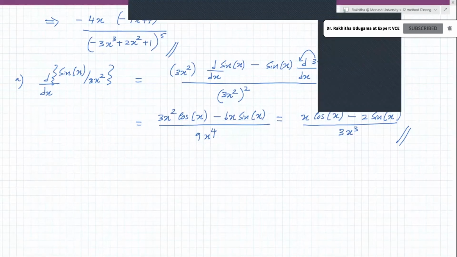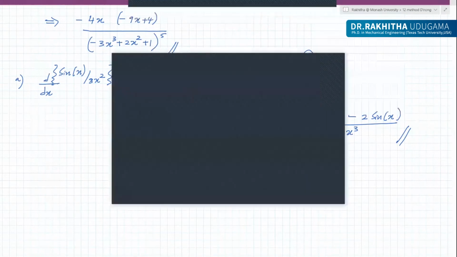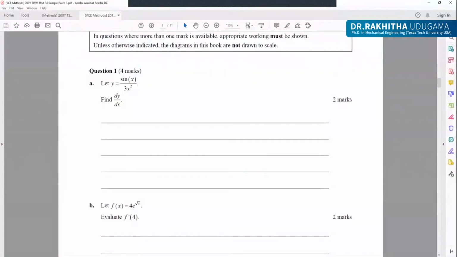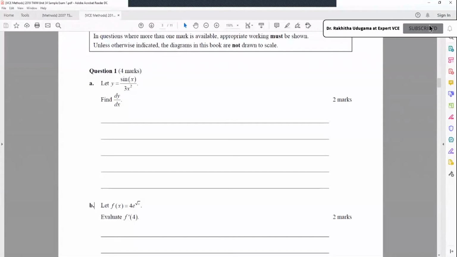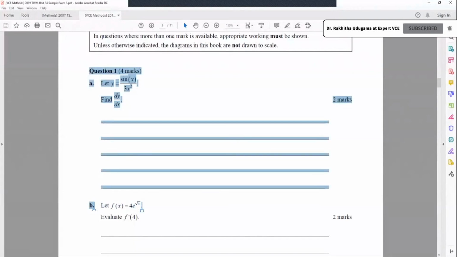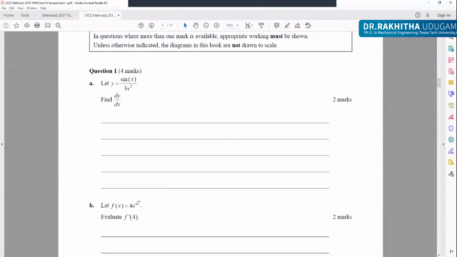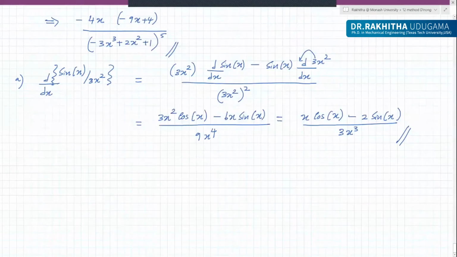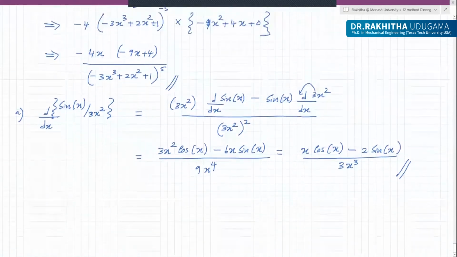And then what is the next question? Next question is 4e square root of x. I will discuss this later. I need to first teach you the material for the second base case, because I didn't discuss the second base case yet.